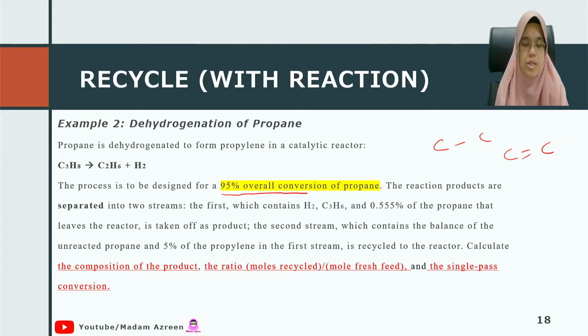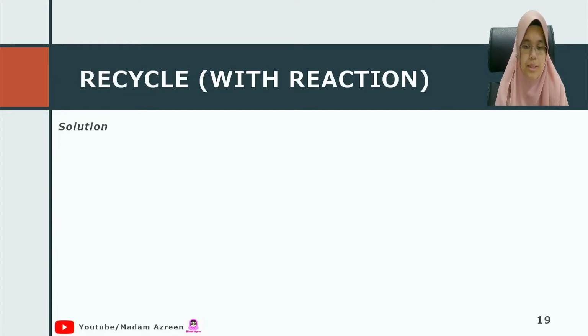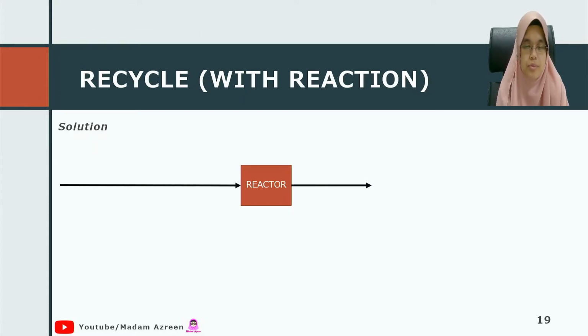So based on this statement, you have to draw your block diagram. The first one is a reactor, for the reaction to take place, and of course, don't forget your arrows.